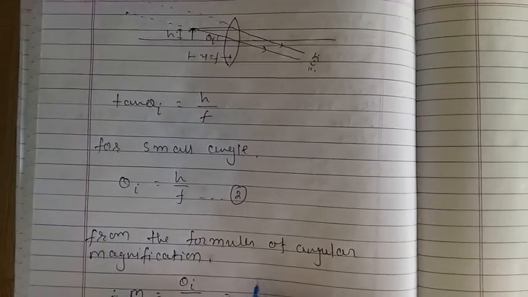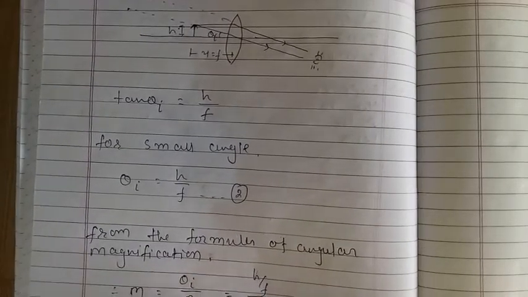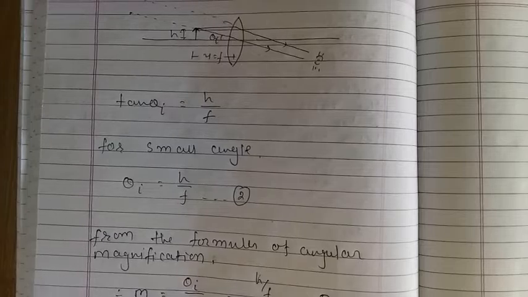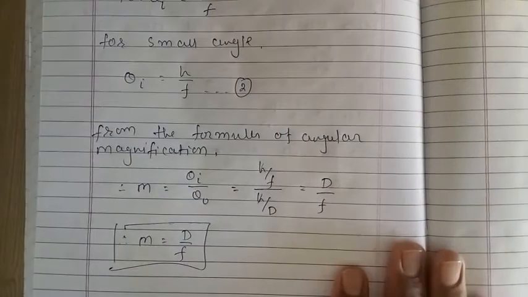We know the value of theta I is h upon f, and the value of theta 0 is h upon d. Here h cancels, so our formula is d by f. So m is equal to d by f. You have to remember this formula.